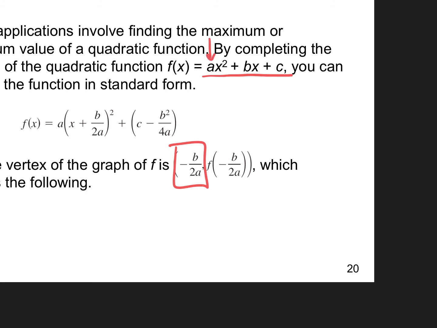And a comes from the coefficient in front of the x squared, and b comes from the coefficient in front of the x. And then to find the second number in our vertex, the y value, we take the -b over 2a and plug that into x, and we solve for y.